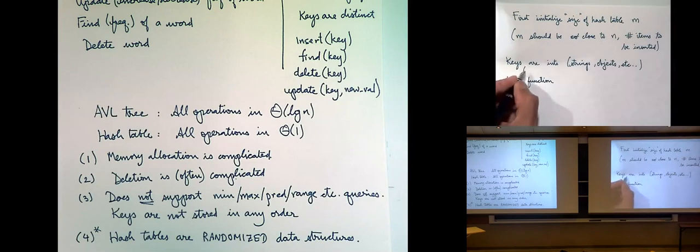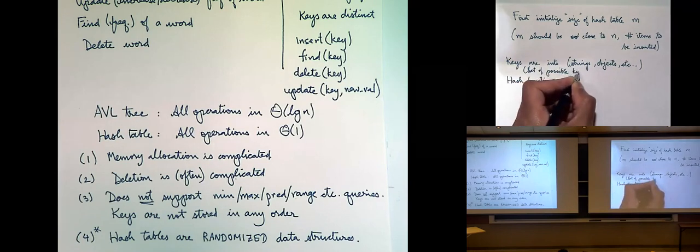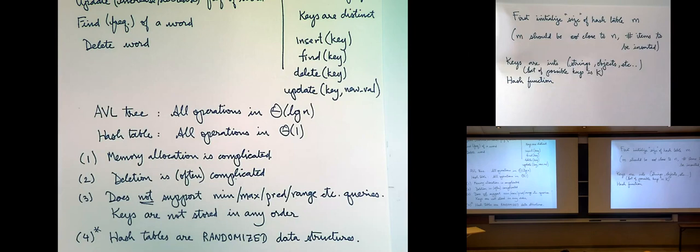Let's say the set of possible keys is capital K. I'm just saying that K is the set of all possible values of the keys. If it's integers, then K is just a set of integers, but K could be the set of strings, could be whatever. A hash function is a function that maps K to the range 0, 1, to M minus 1. Okay, this is a hash function.